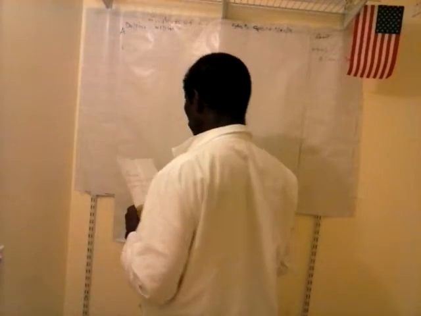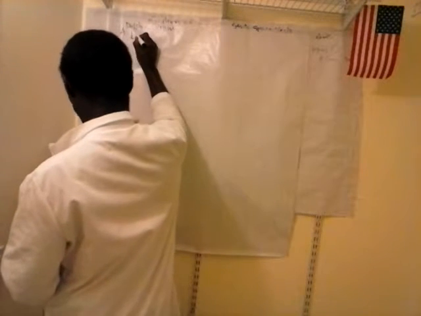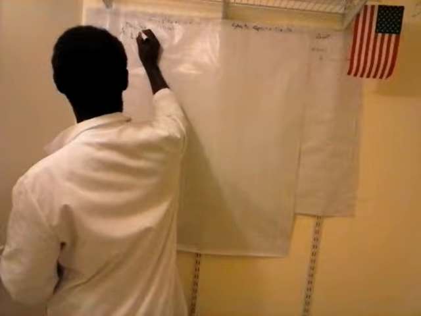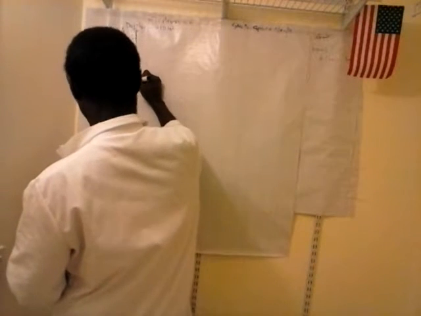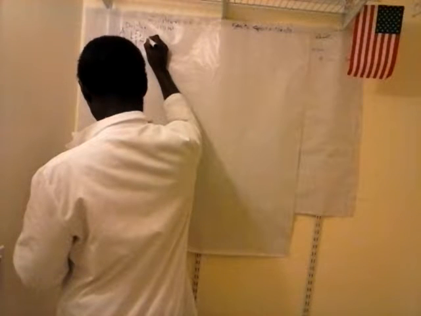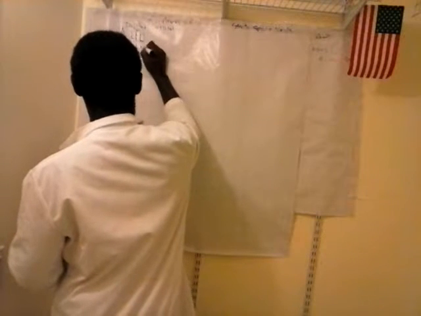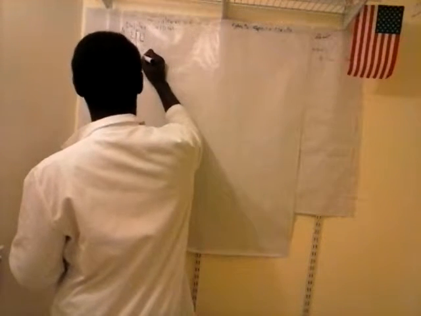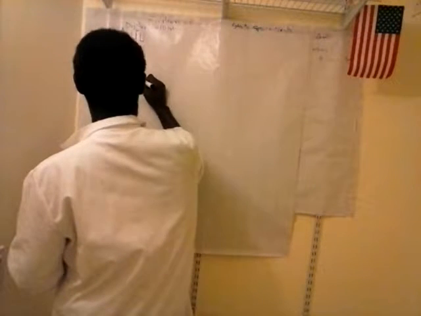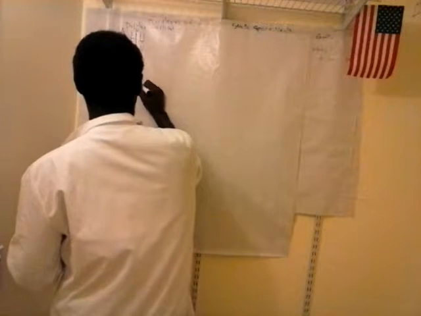All right, so what we have now is U, V, W, P, Q, and R.